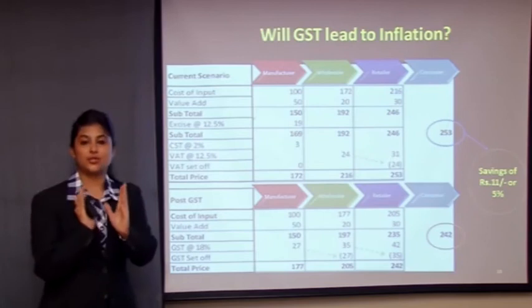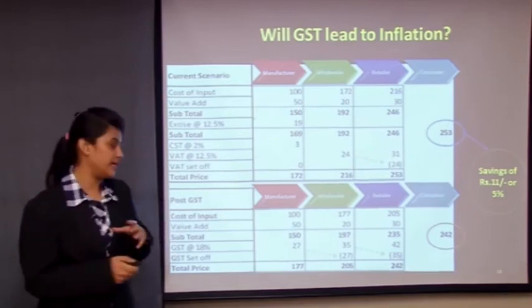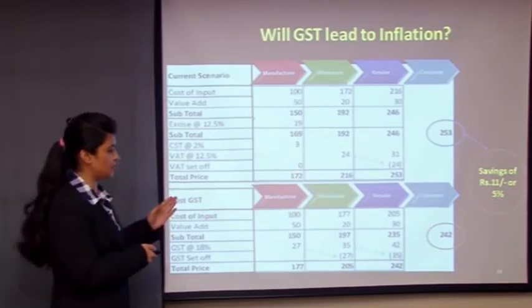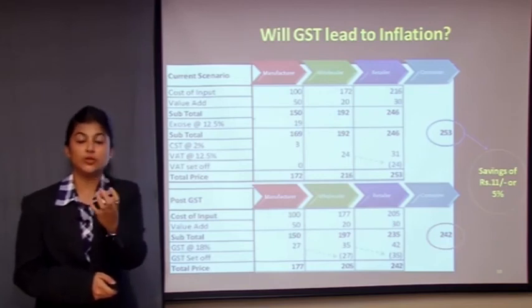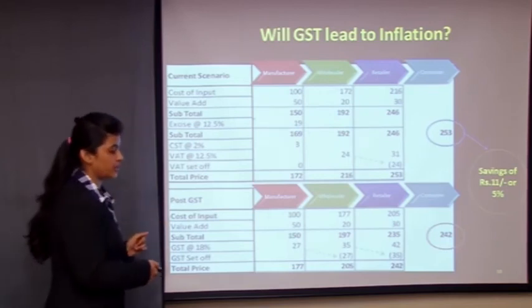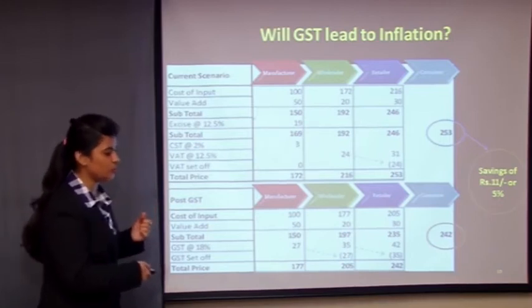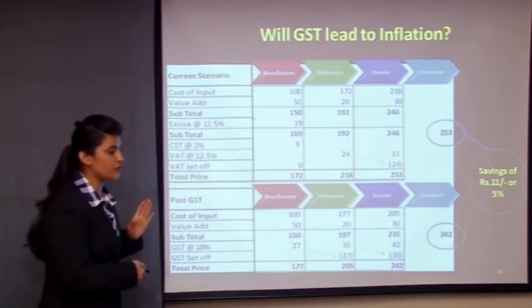Now he has to pay tax only on the amount which he has value added. He has added 30 rupees to the actual cost, which is 205. So he is paying tax only on that 30 rupees which he has added as profit. So the total amount, if we see, is coming to around 242 rupees. Yes, the total amount is costing 242 rupees.